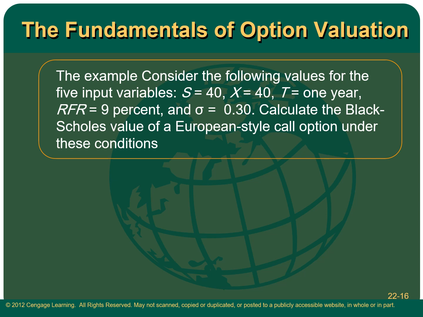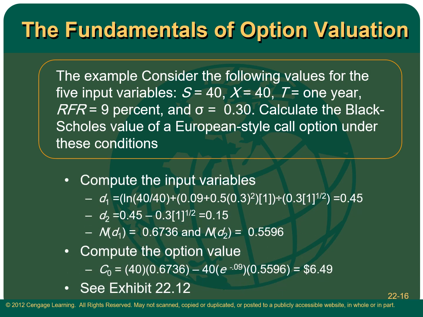In this example, consider the following values for the 5 input variables. S is equal to $40, X also $40, T is 1 year from now, the risk-free rate is 9%, and sigma is 0.30. To calculate the Black-Scholes value of a European style call option, European, not American, under this condition, we compute the input variables.